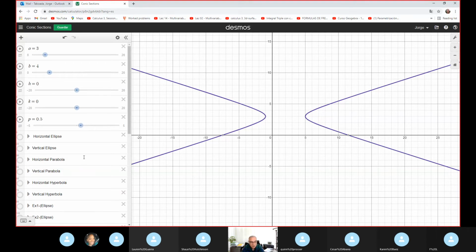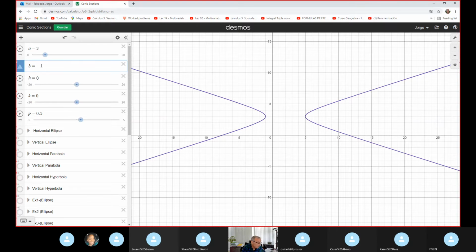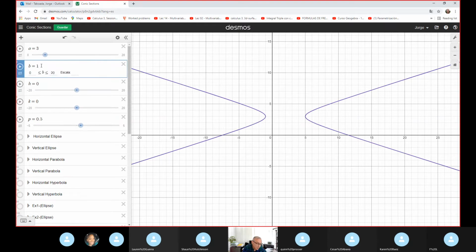You know what the script is doing. Forget the student practice. So you type in any program, and you see in purple color our hyperbola. Identification: wow, I am clear. This is the horizontal hyperbola. However, I need verification. In A I put 3, in B I put 1. I think I computed by hand in my paper. And H and K are, look, H is 2 and K is 3.